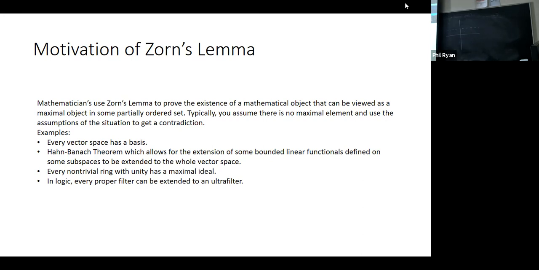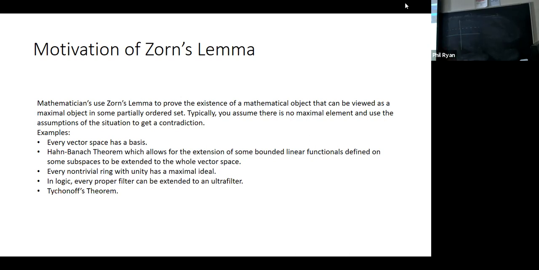Another kind of maximality thing: every non-trivial ring with unity has a maximal ideal. And in logic, every proper filter can be extended to an ultrafilter. It's abstract nonsense, which is used in Gödel's completeness theorem, for example. A filter is just a type of ordered set, and an ultrafilter is a type of maximal one. It's definitely in Zorn's lemma.